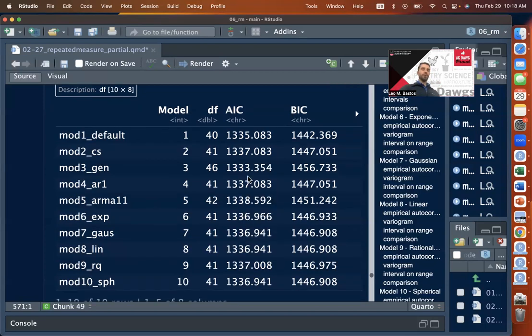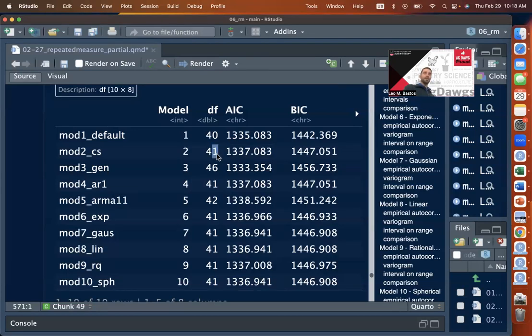But what we're seeing here is that the default model is taking up 40 degrees of freedom, right? And all the other ones are taking at least one more. That extra degree of freedom is because it is using that to estimate a correlation parameter of some sort. So if we look here, most of them took up just one extra degree of freedom, right?